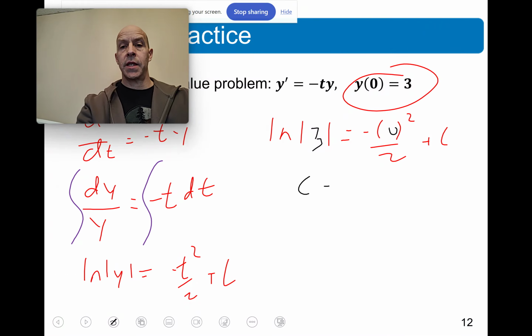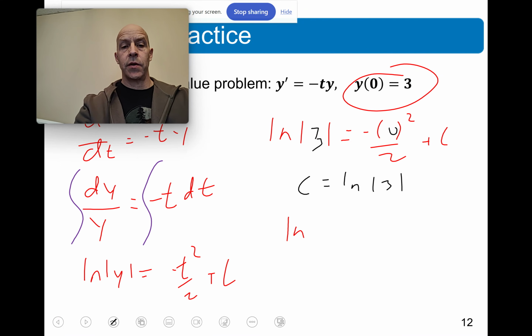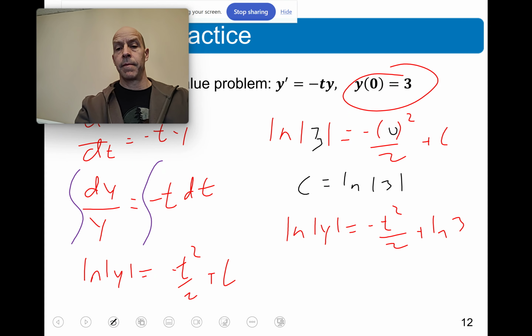So it looks like C is going to be the natural log of 3. Okay, so let's rewrite this here. So we get the natural log of the absolute value of y is equal to negative t squared over 2 plus the natural log of 3.